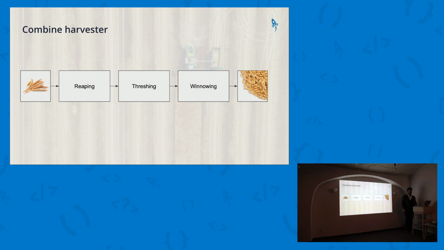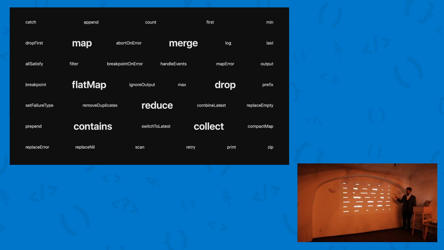And the combination of operators is the most important thing you need to think about when you are thinking about how to create an app using Combine. Because this is how many operators there are. And this is not all of them. This is a reasonable amount of operators. And what Apple says is we have this many operators because they are really simple. Each of them is really, really simple.